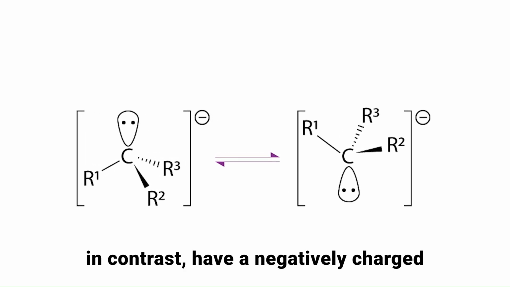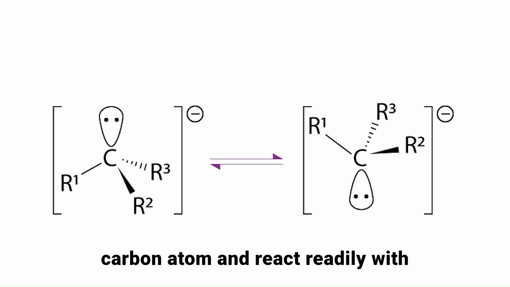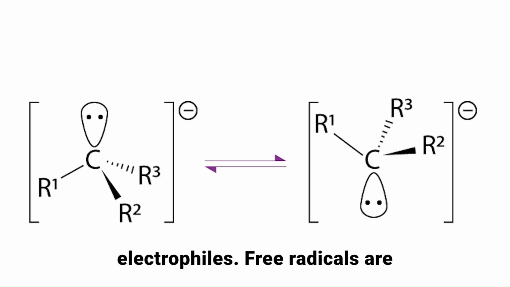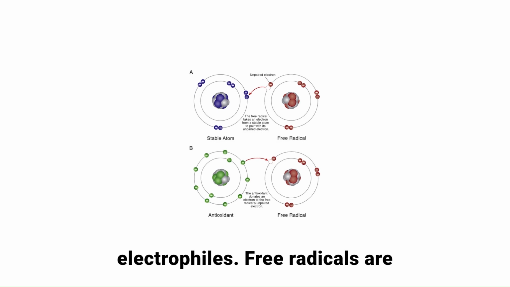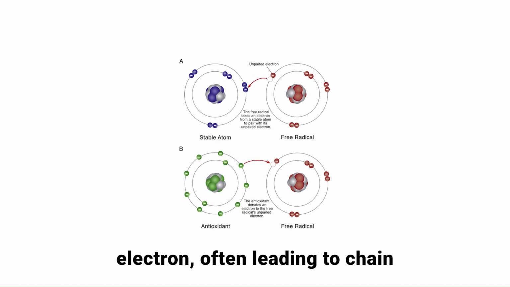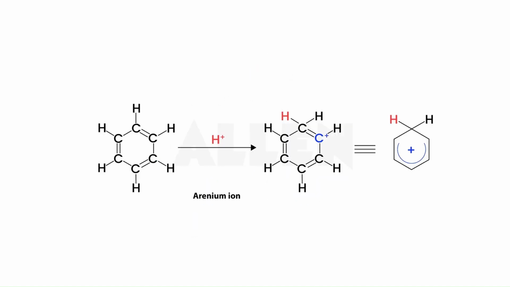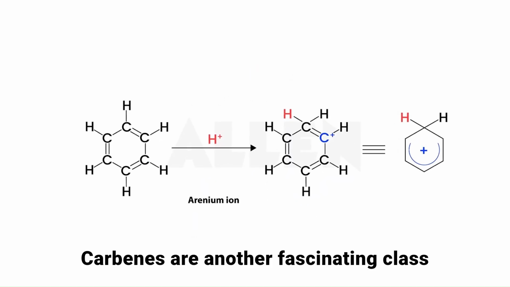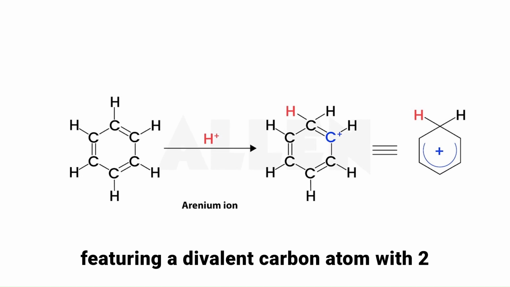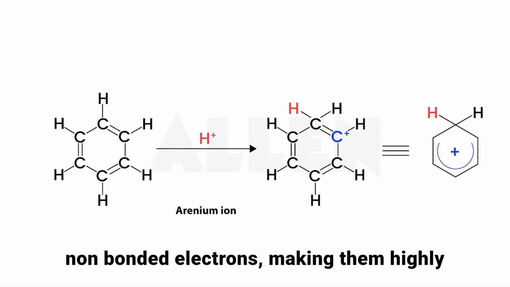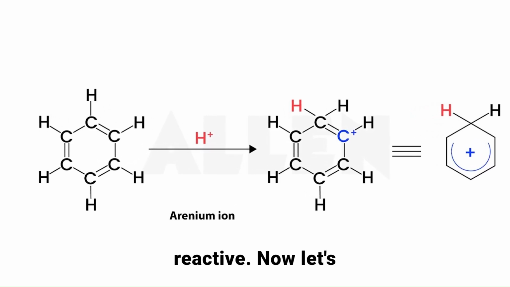Carbanions, in contrast, have a negatively charged carbon atom and react readily with electrophiles. Free radicals are neutral species with an unpaired electron, often leading to chain reactions in organic synthesis. Carbenes are another fascinating class, featuring a divalent carbon atom with two non-bonded electrons, making them highly reactive.